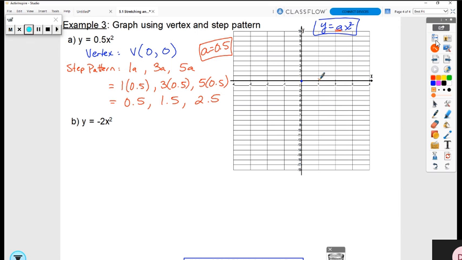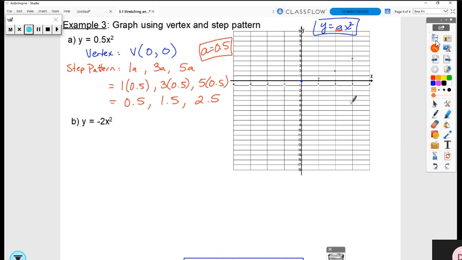I know that feels a little bit weird. Bear with me. From this point, over 1 and up 1.5. So there's a half and there's 1, right there. From this point, over 1 and up 2.5. Just like that. And that's one arm of the parabola.